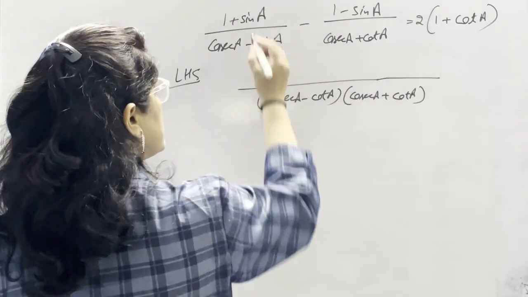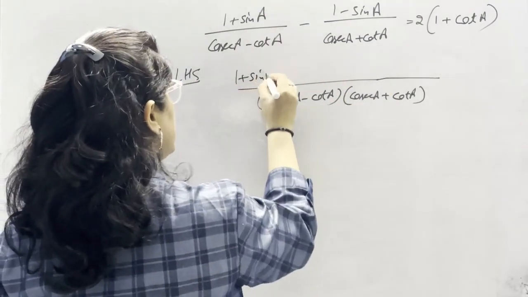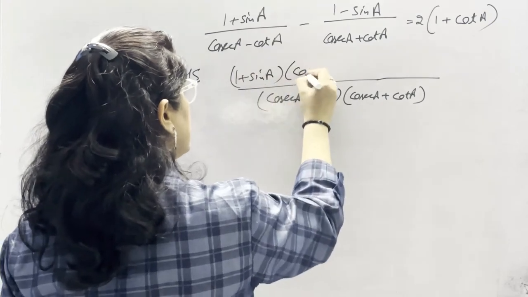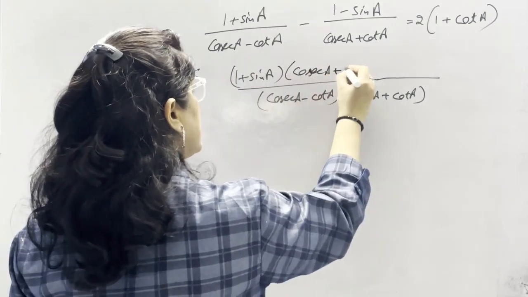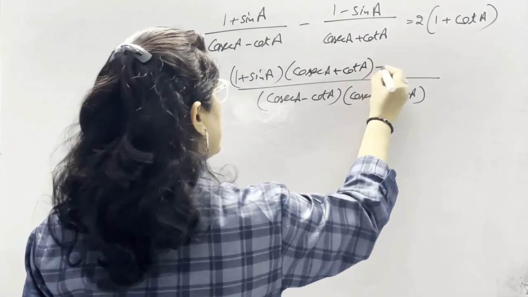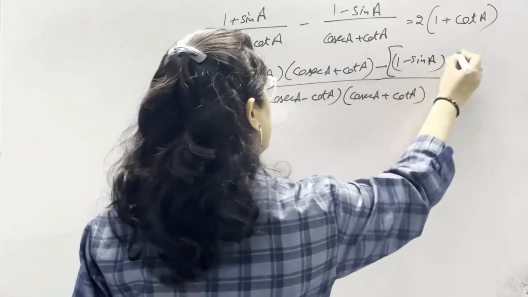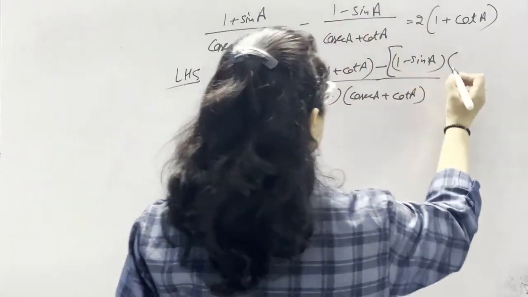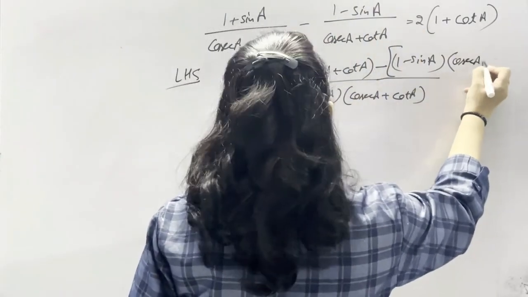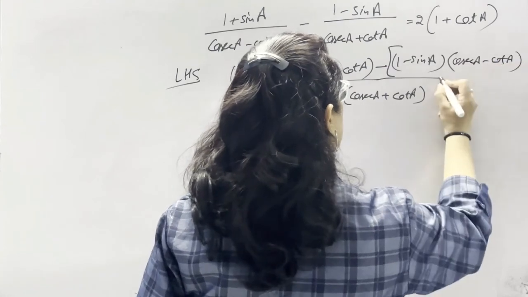We need to multiply these two. 1 plus sin a times cosec a plus cot a, then minus 1 minus sin a times cosec a minus cot a.